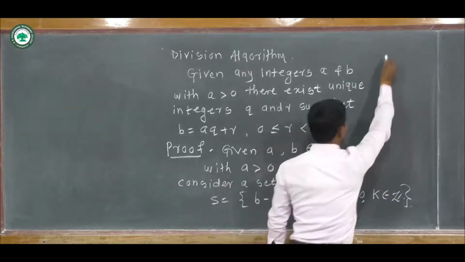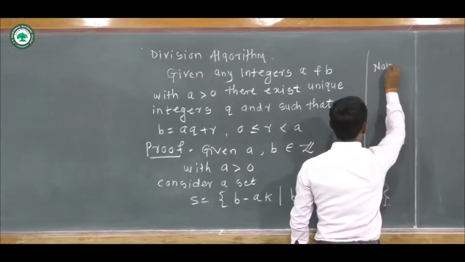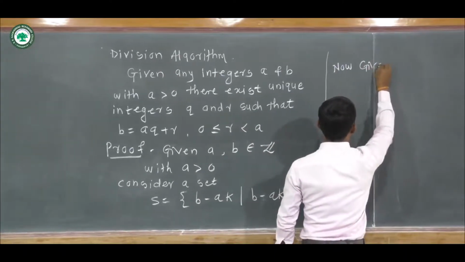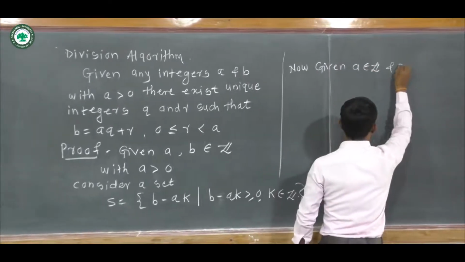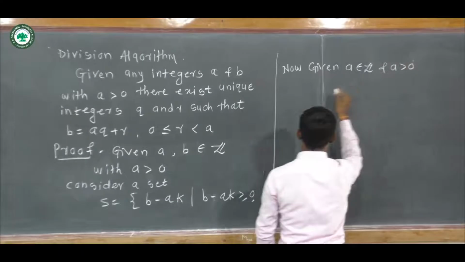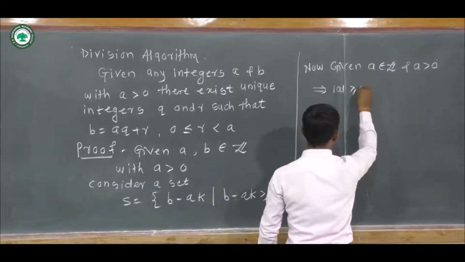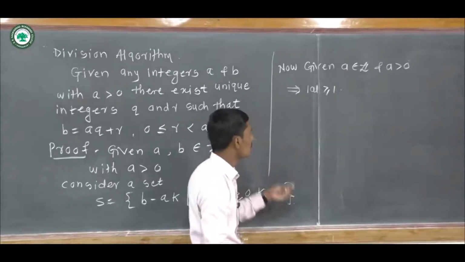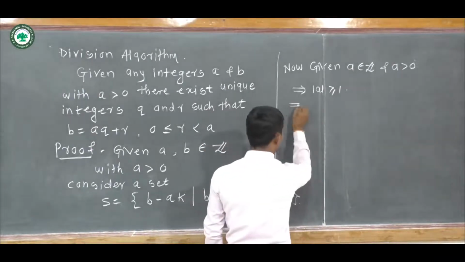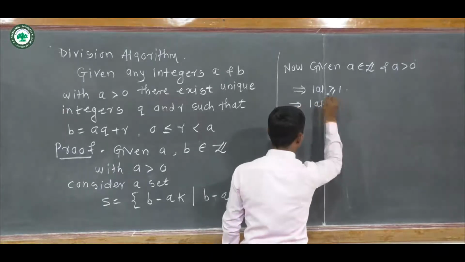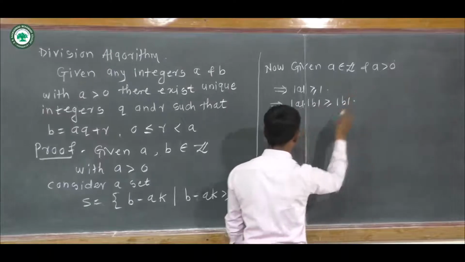Now, given a belongs to Z and a greater than 0 implies the absolute value of a is greater than or equal to 1. Now multiply both sides by the absolute value of b: the absolute value of a times the absolute value of b is greater than or equal to the absolute value of b.